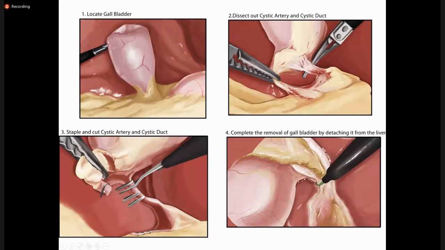This is the cystic artery which has been clipped. You should do that first, and then you clip the cystic duct with 4 clips, 2 above, 2 below, and cut in between. And then you dissect out the gallbladder from the liver bed.